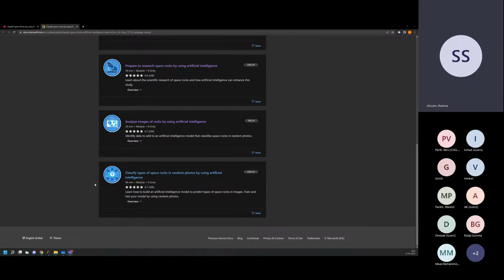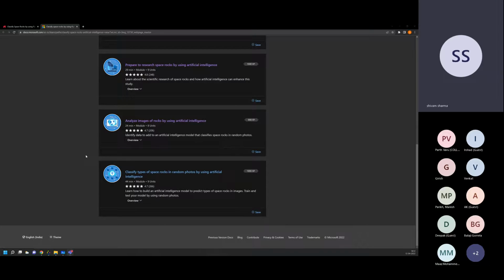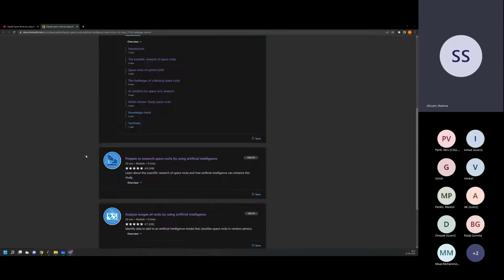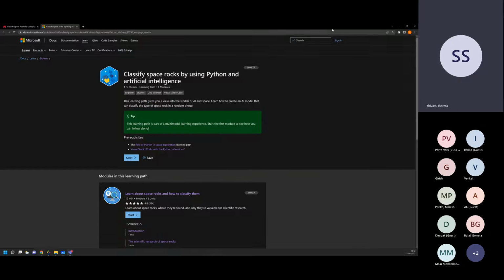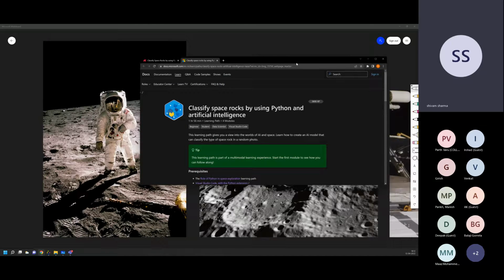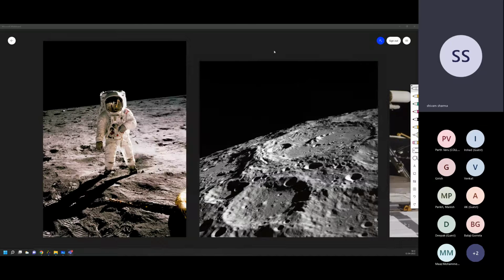But before that, let's admire a couple of pictures which I collected from various NASA websites and various missions which they have done. I have kept them over here, and there is a small journey which I will take you on while explaining what we are supposed to do.